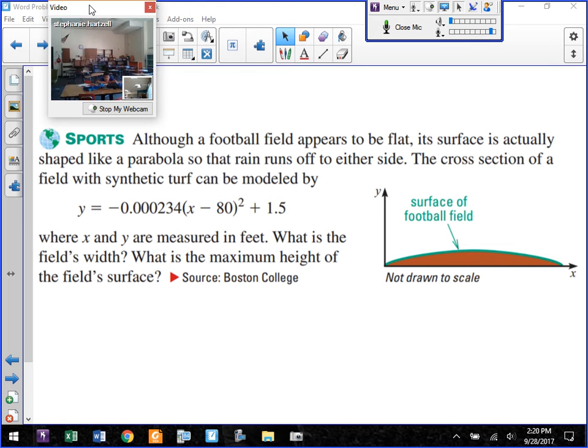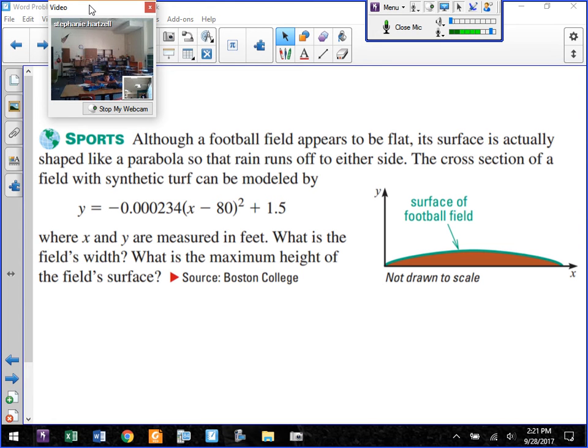Now, this equation is given to you as Y. But what format is that equation given to us in? In vertex form. Exactly.